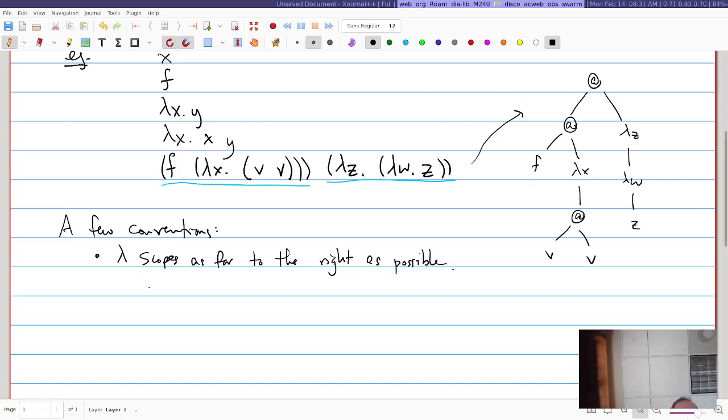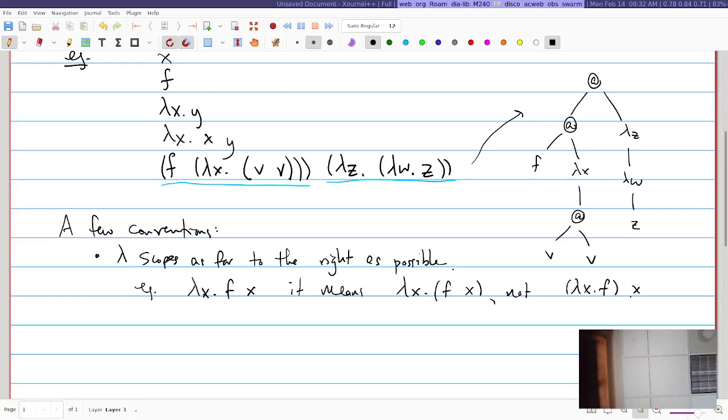So, for example, if I have lambda x dot fx, it means lambda x dot (fx), not (lambda x dot f) applied to x.